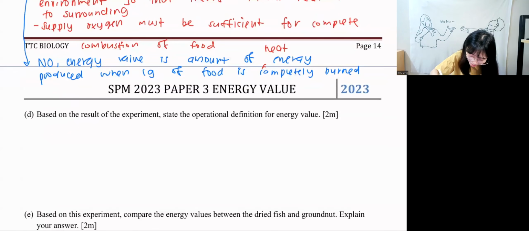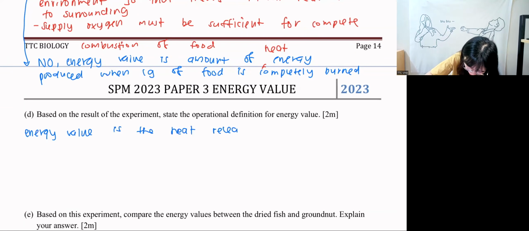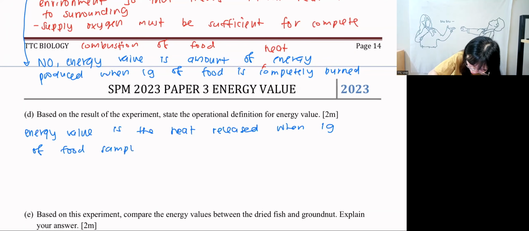What is the theory? We have to start with: energy value is the heat released when 1 gram of food sample is completely burned.